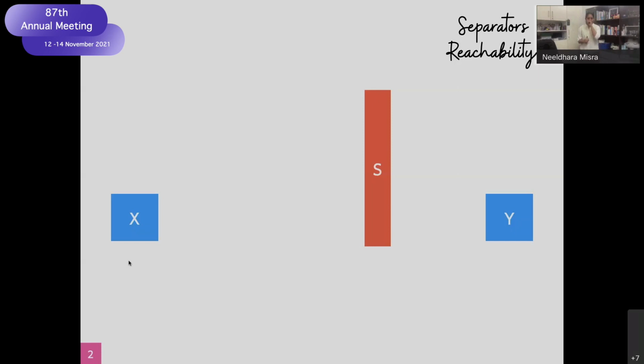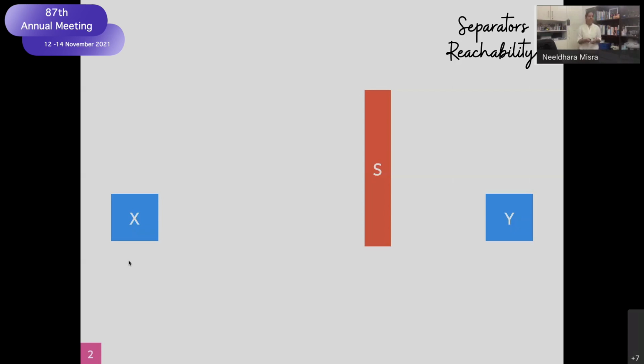You want to destroy as few roads as possible to achieve this goal of completely separating these 2 critical locations. So in a graph, more formally, you could just think of a separator as a subset of vertices whose removal disconnects the vertices x and y, which leaves you in a situation where there is no path from x to y.